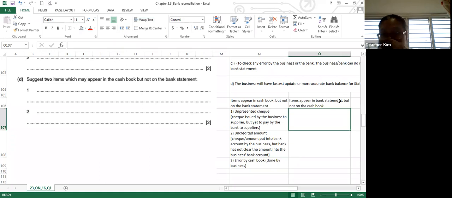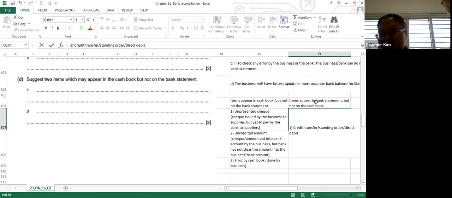Whereas here, the items appear in the bank statement but not in the cash book. Normally for those online credit transfer, all this one, credit transfer, and what else? Credit transfer, standing order, and then direct debit.